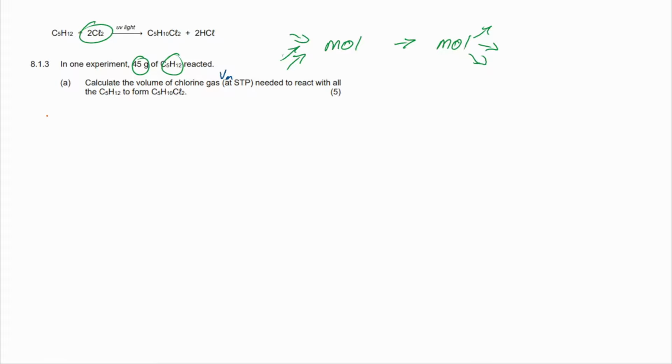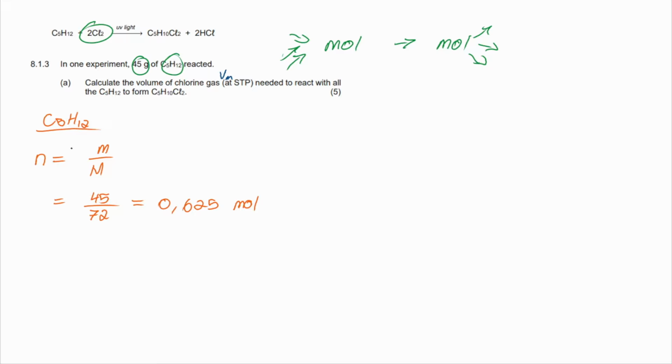So for C5H12, moles is equal to m over M. They give us our mass of 45. Our molar mass is 5 times 12 plus 12 times 1, which is 72. For that we get 0.625 mole.